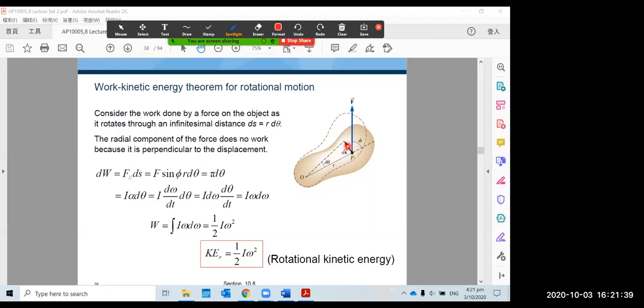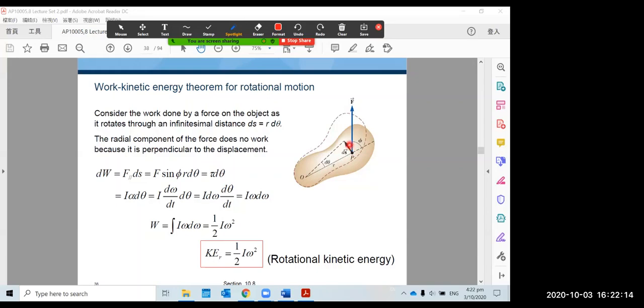This force and distance could be resolved such that the force parallel to the displacement is useful for the work done. What is that force? It is F times sine phi. Phi is the angle between the r vector and the F vector.